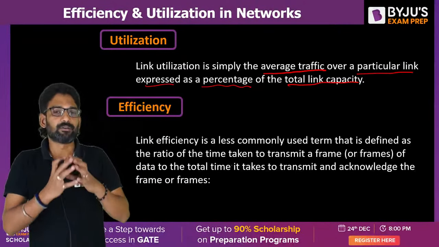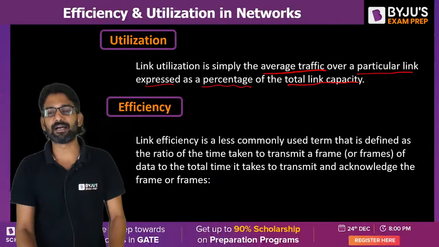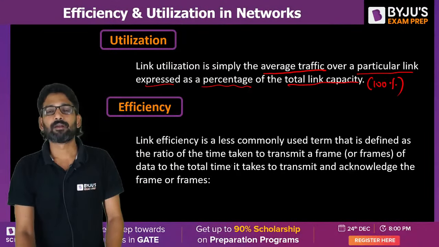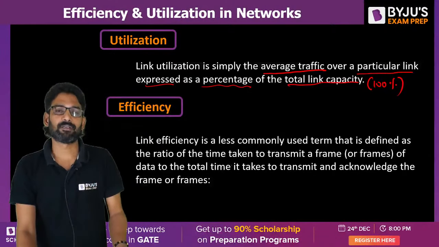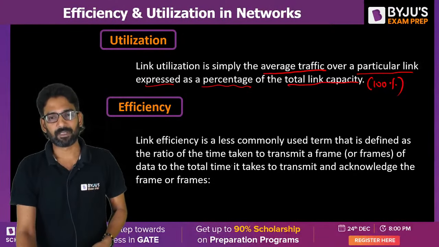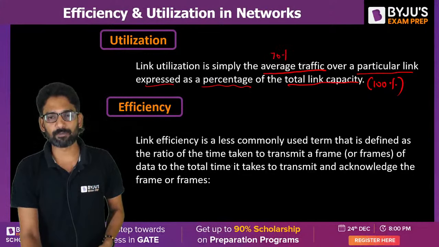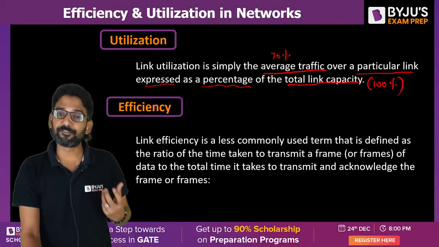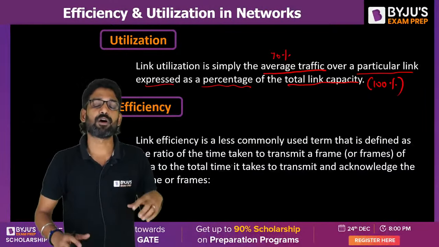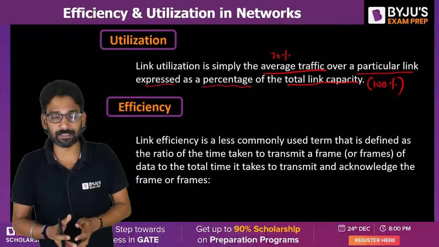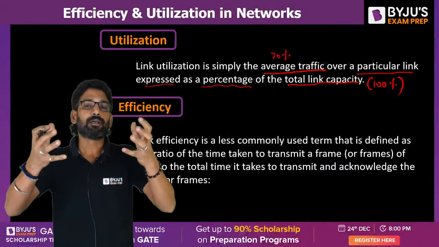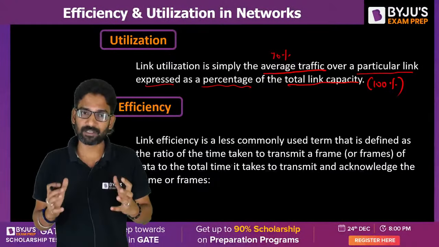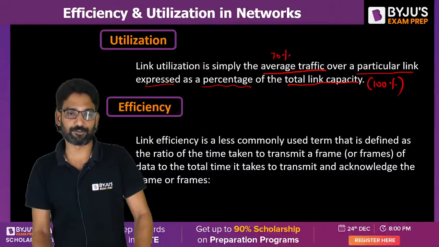That means when the total link capacity is 100%, and you have accommodated, let's say, 70% of the capacity, or 30%, or 50%, that is how much of the available bandwidth you have utilized. That is what we call utilization.